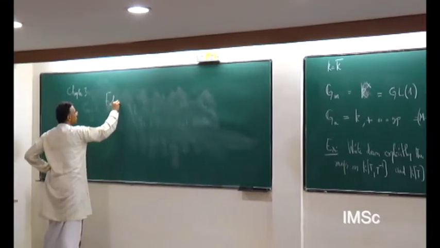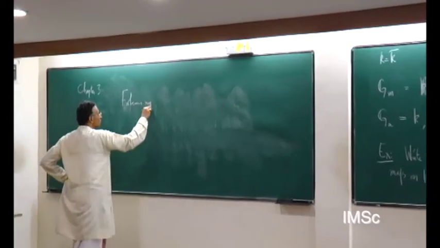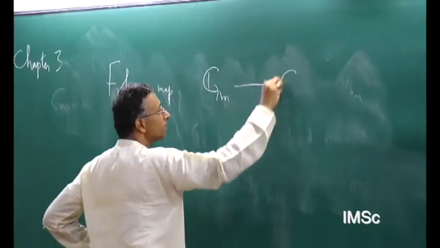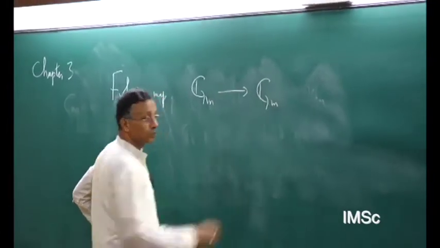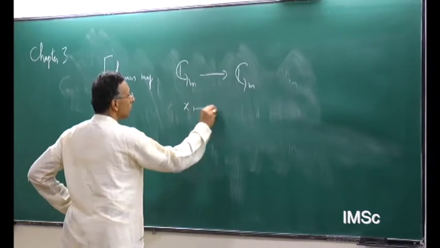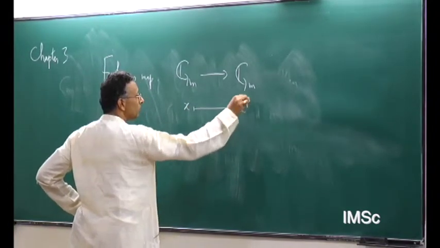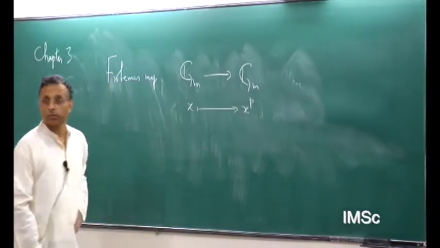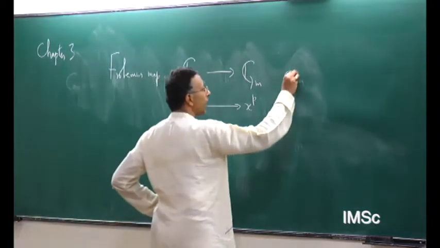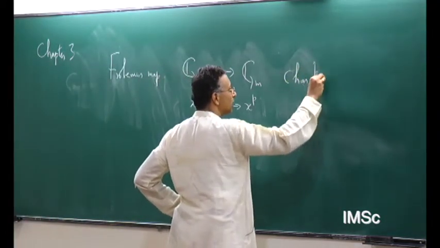So you take Gm to Gm, x going to x to the p. This is characteristic of k equals p.